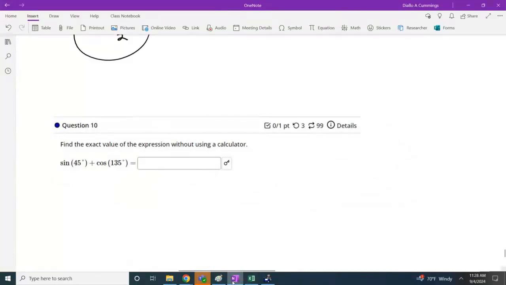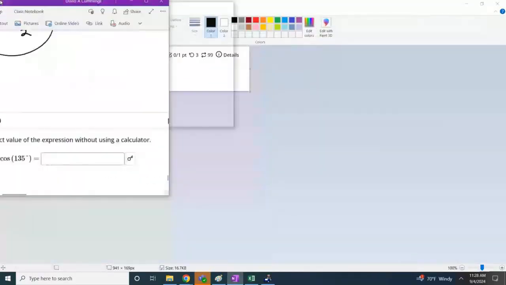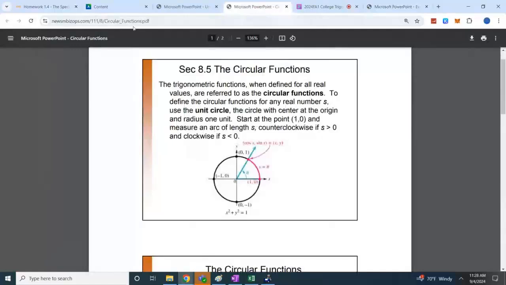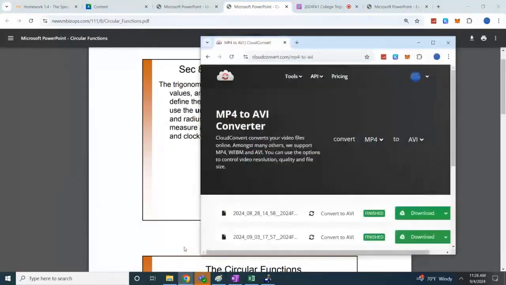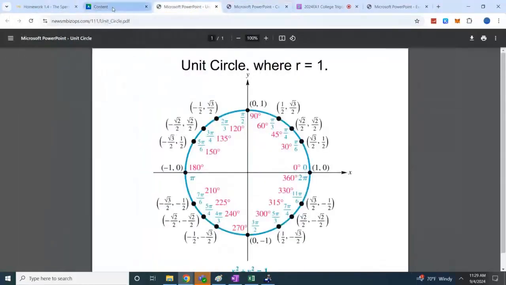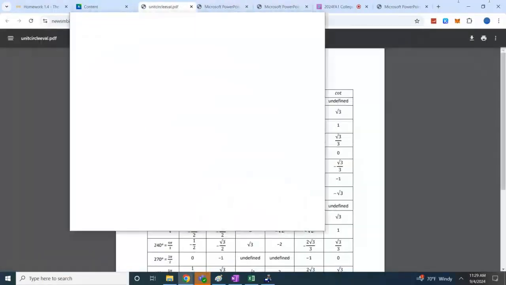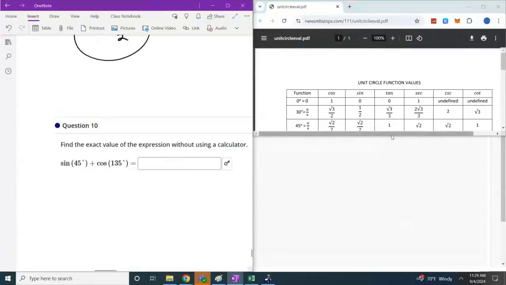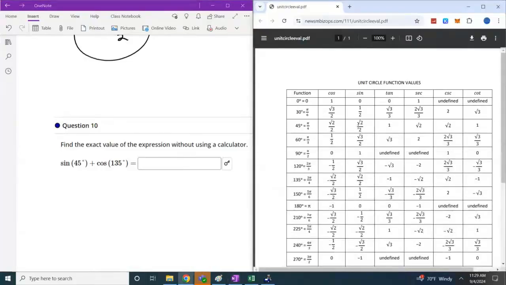So the sine of 45 degrees, it looks like that is square root of 2 over 2, plus the cosine of 135 degrees.